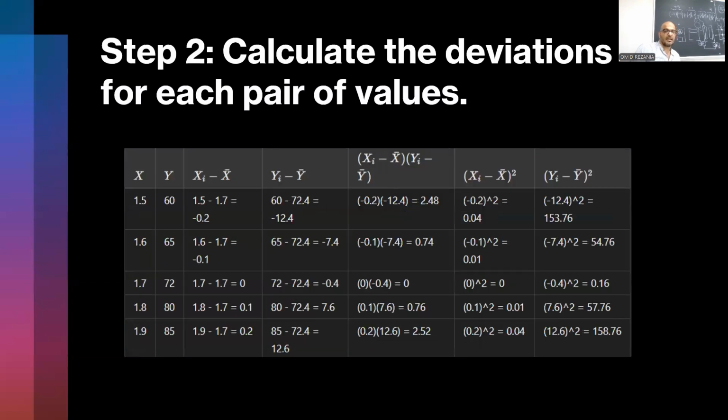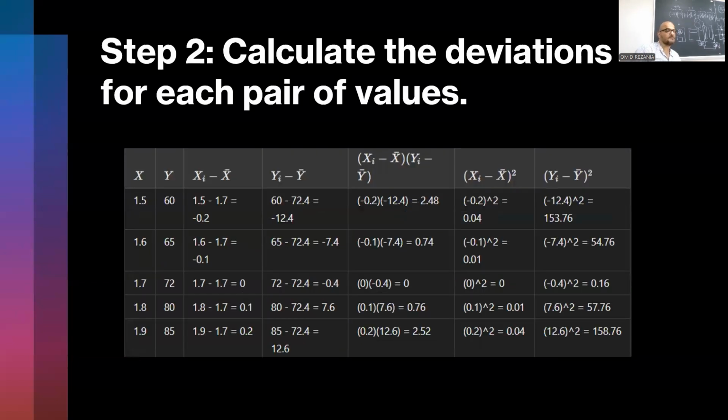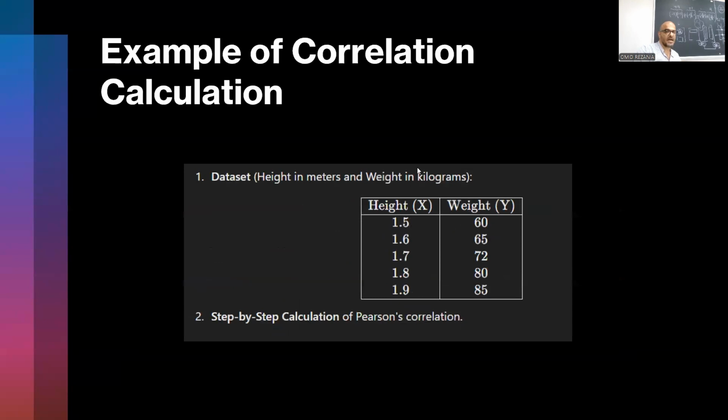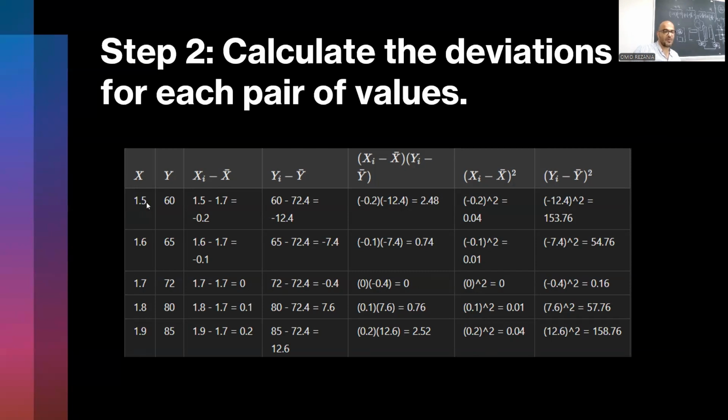Now, look at this one. The next chart that you're going to see represents everything in compact form. Look at that here. The first two columns are the numbers which we had from this matrix, height and weight: x is 1.5 and y is 60.